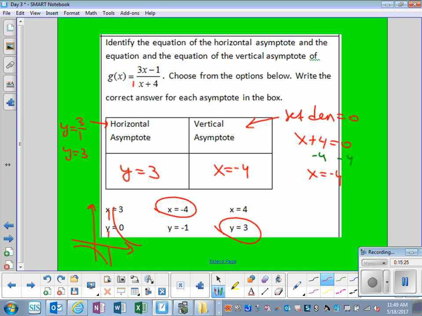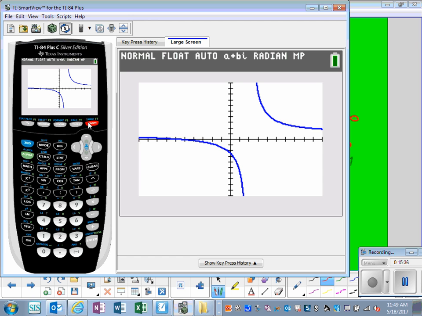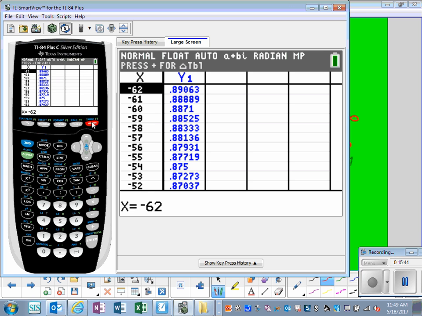Luis? Good? Okay. Do you want to look at the graph or not? Yeah, let's look at that. Let's just look at this one. Right? So if I had this one, how do I figure out what my vertical asymptote here is? I go to my table and I'm looking for errors.